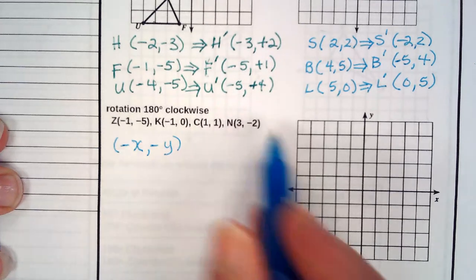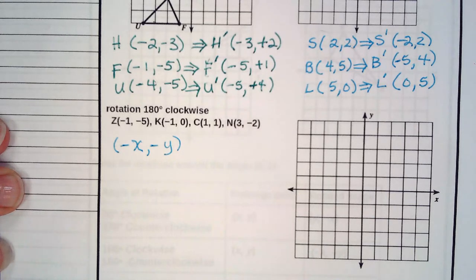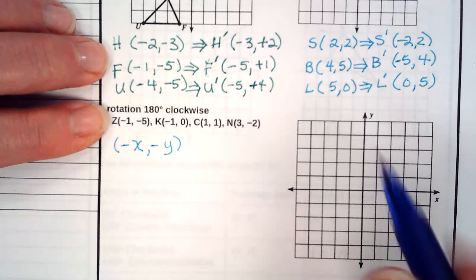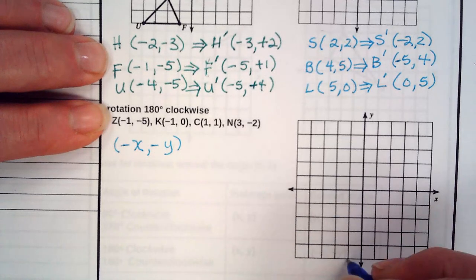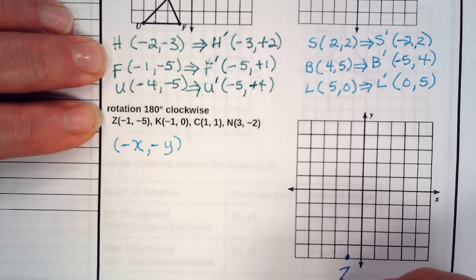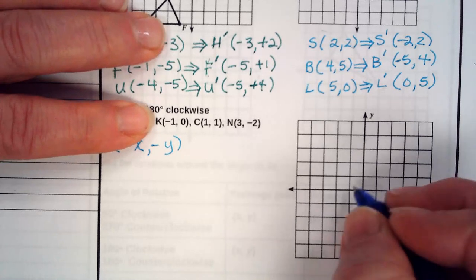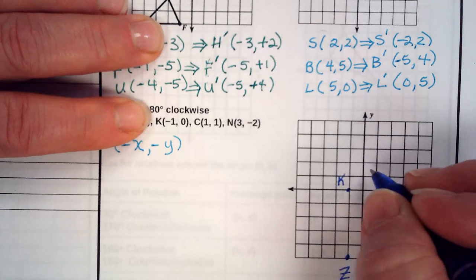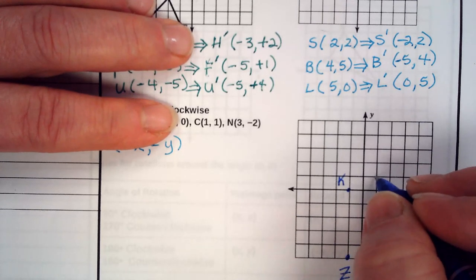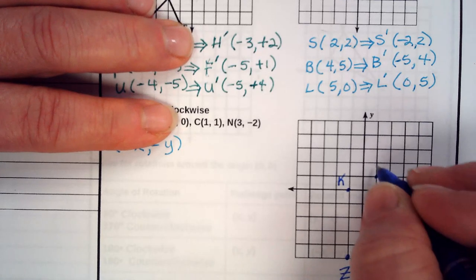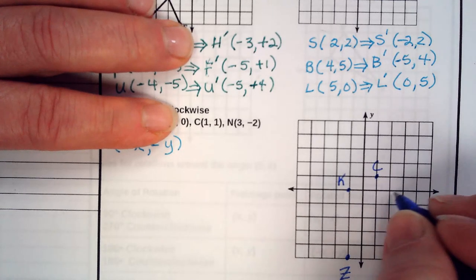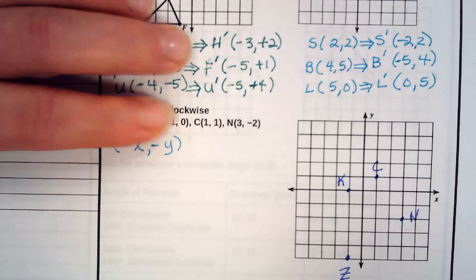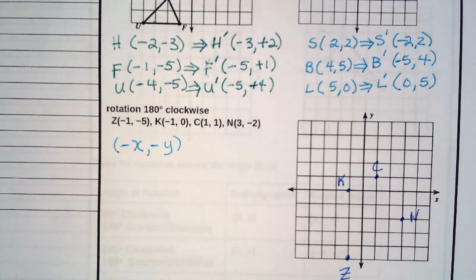So I'm going to graph the first figure. -1, -5. That is Z. -1, 0 is K. 1, 1 is C. And 3, -2 is N. So this is my very first graph. I haven't done anything to it.